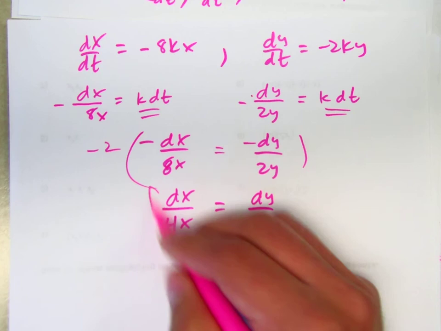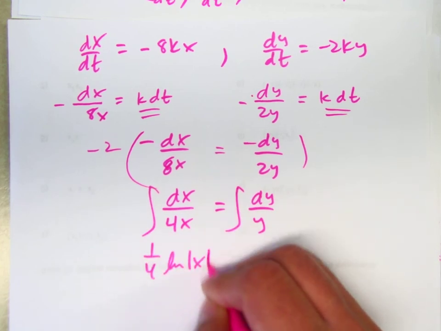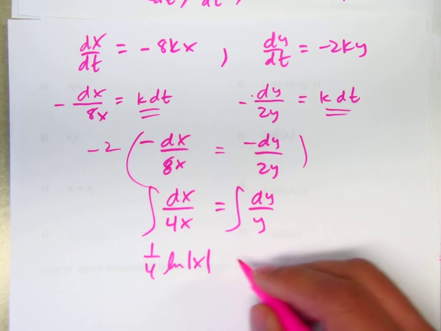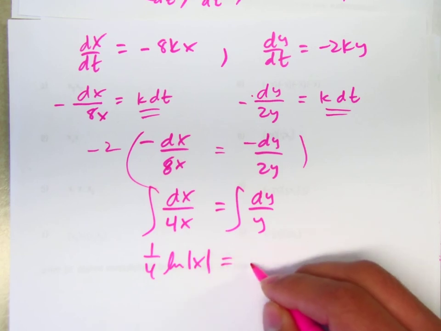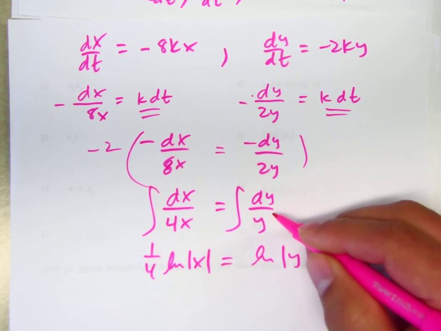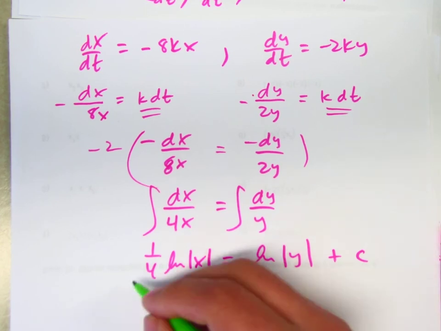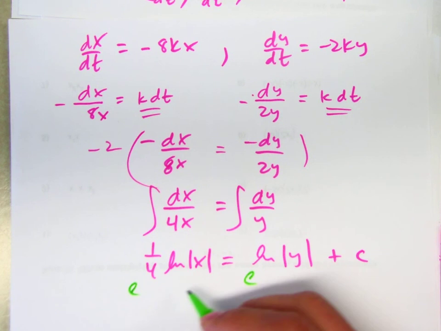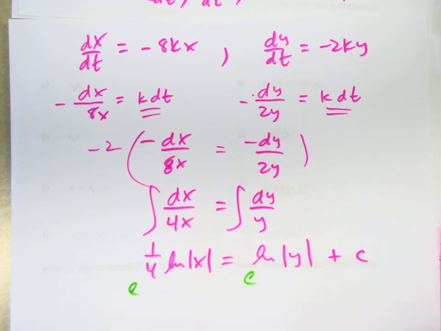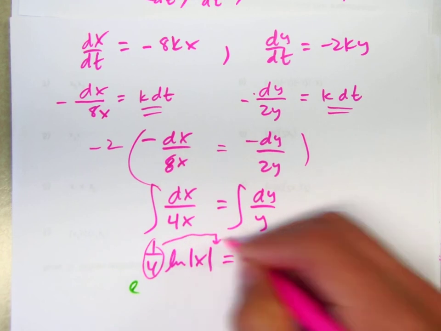And here I get 1/4 times the natural log of x, and that's going to equal the natural log of the absolute value of y. And we do have some constant from the integration. We can just put that together on one of the two sides. And now if I exponentiate both sides, and sorry, I'm running out of time here, so I'm going to go quickly, we're going to get x to the 1/4.